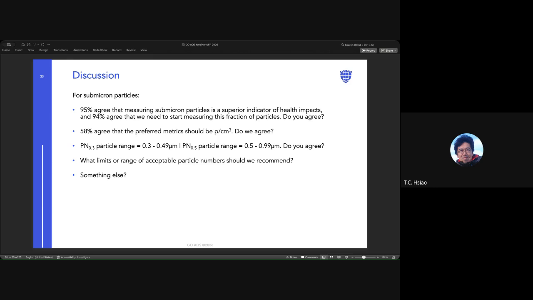And for the fourth issue, I don't think we currently have the knowledge to really have some acceptable particle number, because we don't even know if number concentration is a good index or metric or not. So do we really need to discuss that? I don't know. In order to have some idea about that, we have to do the measurement first.